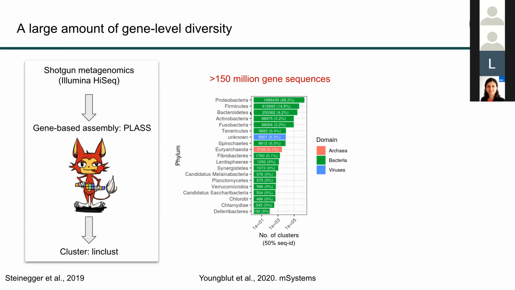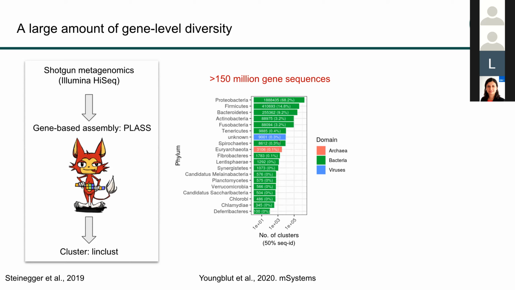This is a taxonomic distribution shown here in this plot. And this is just showing the genes after clustering at 50% identity, which shrunk it down to 6 million gene clusters, but still quite a bit considering that's 50% sequence identity clustering. You can see most of these clusters, almost 2 million from Proteobacteria, a large amount from Firmicutes and Bacteroidetes.